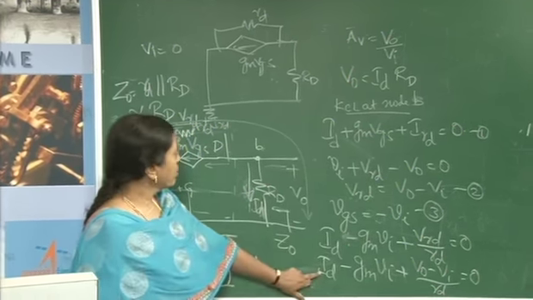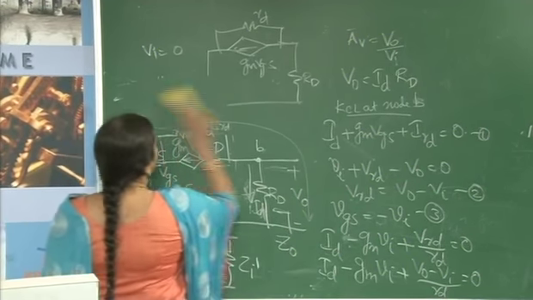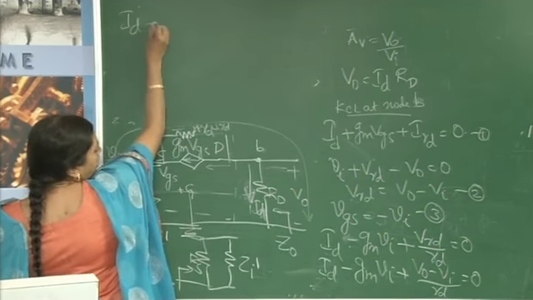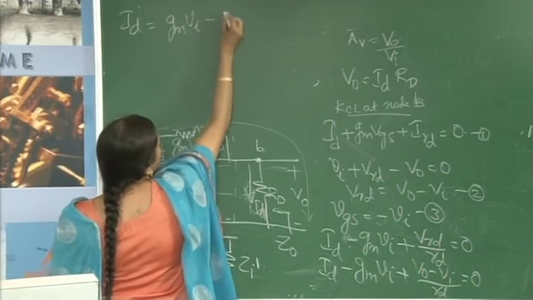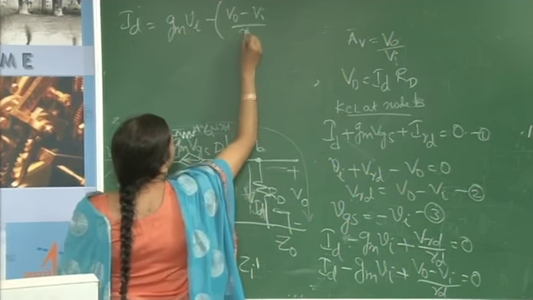Now, we will rearrange this expression so that ID can be obtained. So, ID will be equal to gm Vi minus of V naught minus Vi by rd.